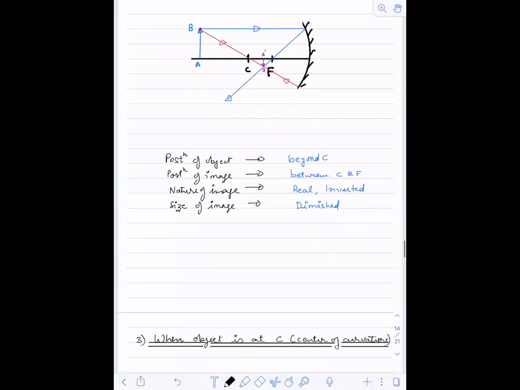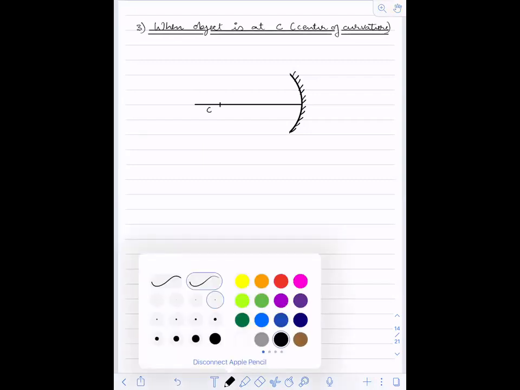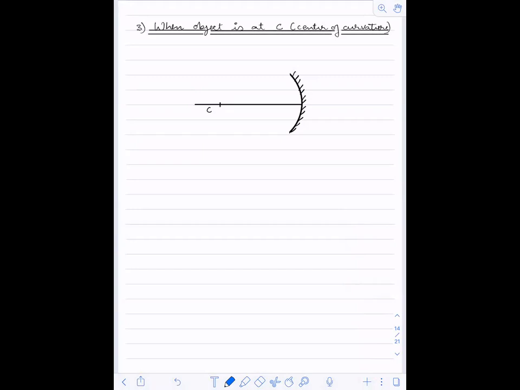So just see, we are going to see the next case when the object is at C, that means at center of curvature. So when the object is at center of curvature, let us assume the object to be somewhere here. This is the point C. Okay, let me tilt it.